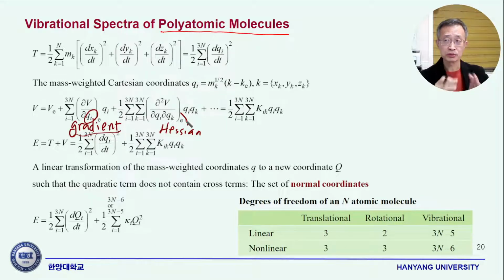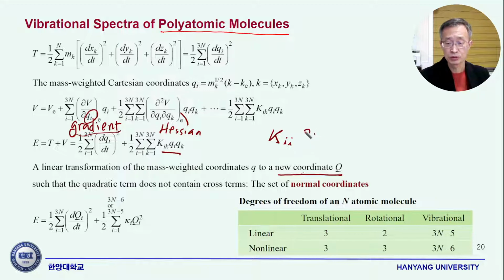Because there is no cross term, we can decompose it as an independent vibration. So that is done, which gives this new coordinate that doesn't have a cross term. What I mean by that is that for K, you see here, for example, there are only ii terms, no ij terms.